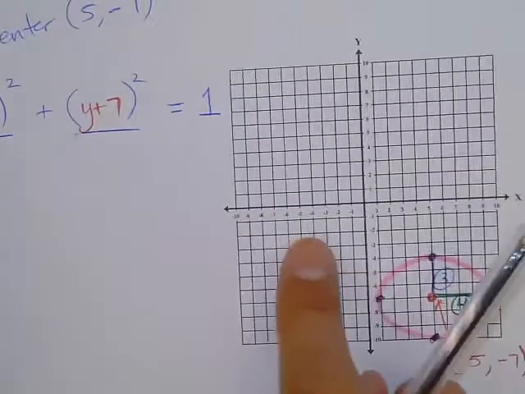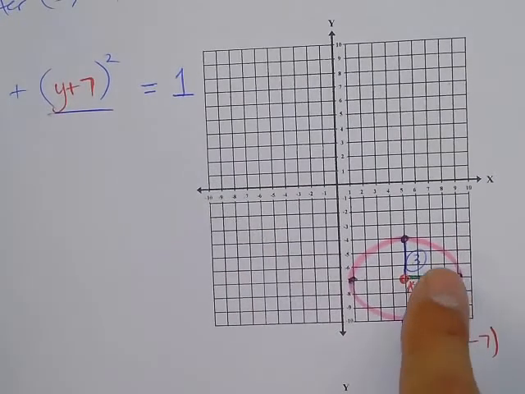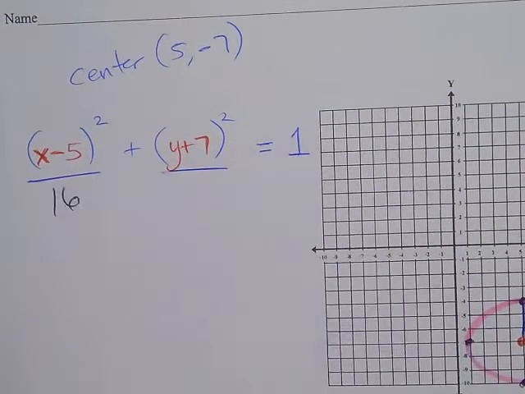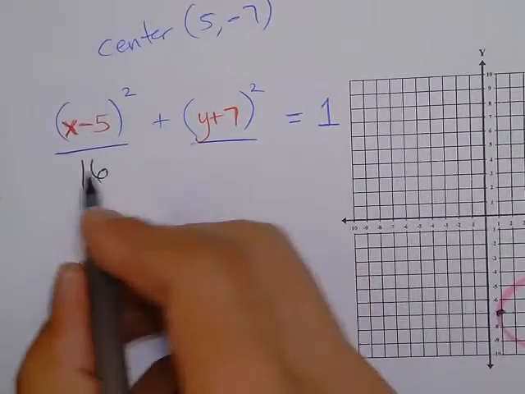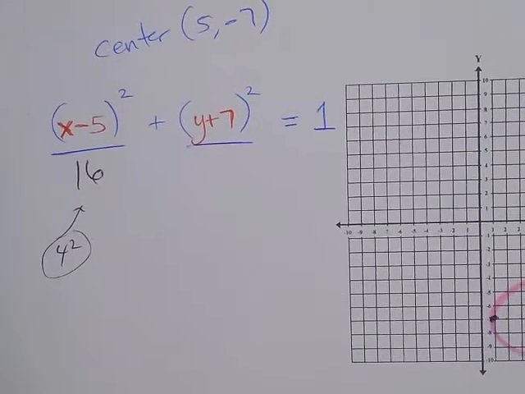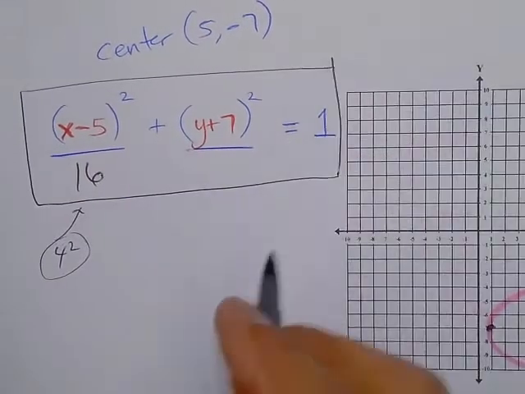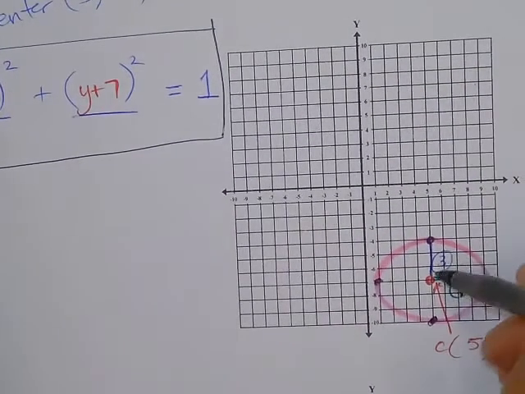And under the x, or x squared, you're going to put what? Well, it was 4, right? You went 4 and 4. So what should be here? 16, right? Why 16? Because you have to square it. That's 4 squared. Correct. And we're almost done.